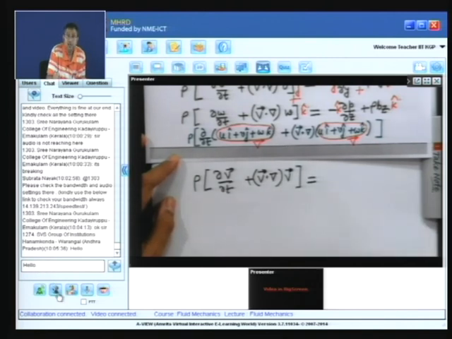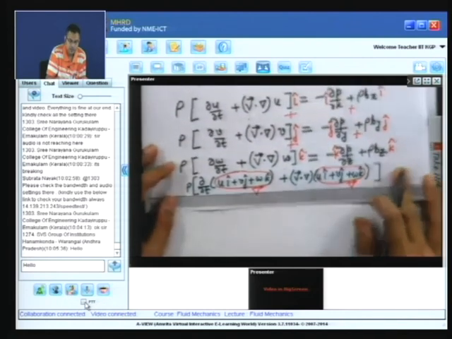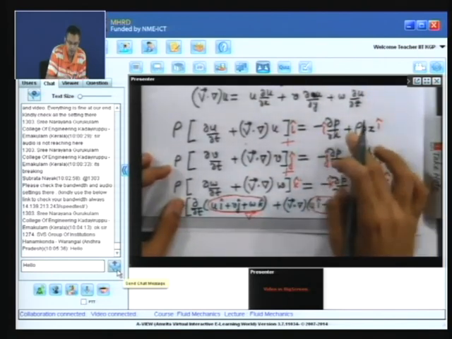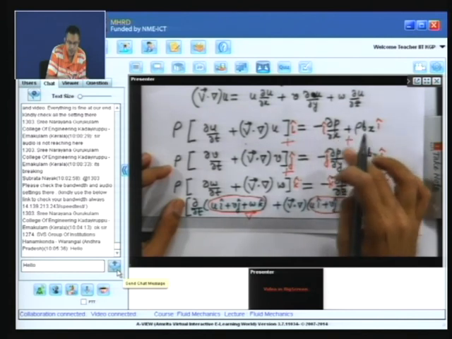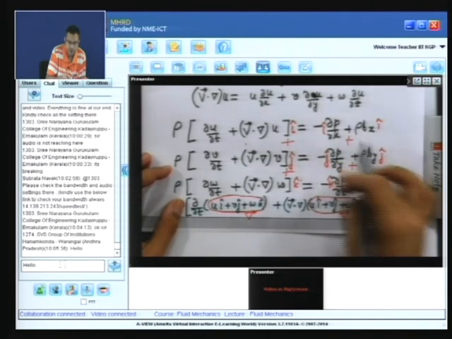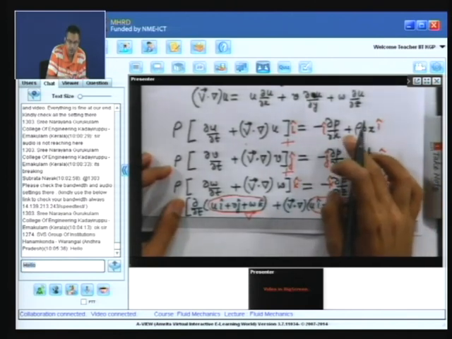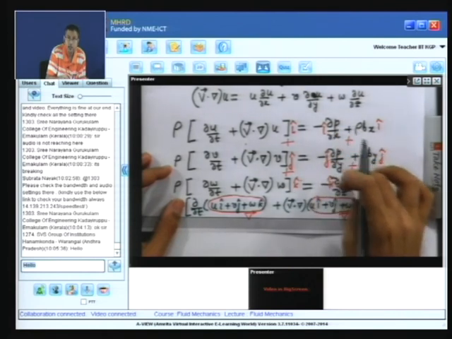Now look at the right hand side. Right hand side is what? Minus i del x plus j del y plus k del z of p. We have already discussed the del operator, which is i del x plus j del y plus k del z.